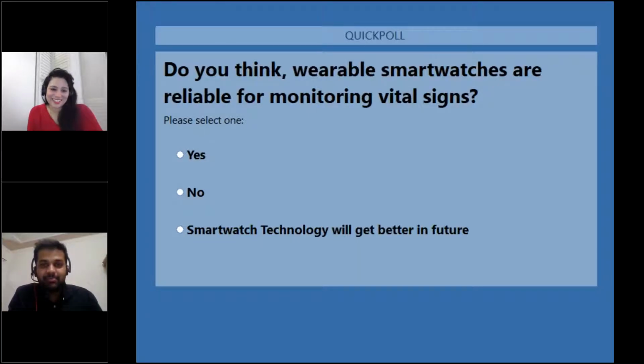We would like to get the opinion of our audience: do they think those readings, heart rate sensors, SpO2 level, Apple Watch ECG monitoring, can they be relied on as of now? Is the technology ready so that those readings, those metrics could be relied on and decisions taken accordingly? We would like to understand the thoughts of our attendees.